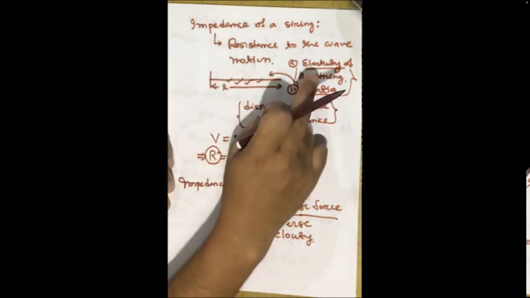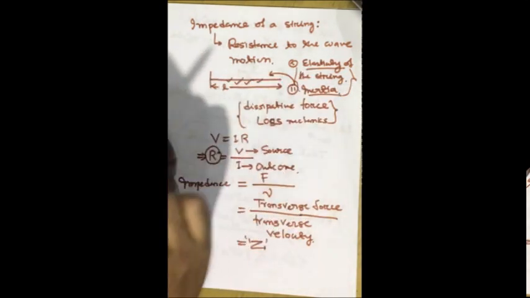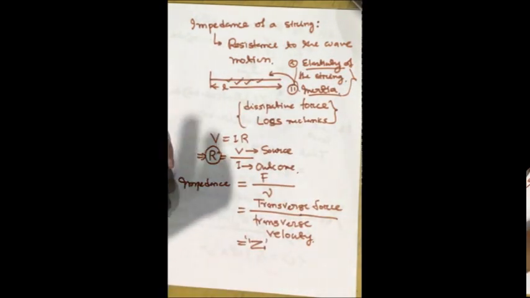If there were no elasticity and inertia, probably once you disturb the string it would oscillate forever, but we know in real life it doesn't happen. So the string definitely provides impedance to the wave motion, and we are going to determine the value of the impedance of the string.